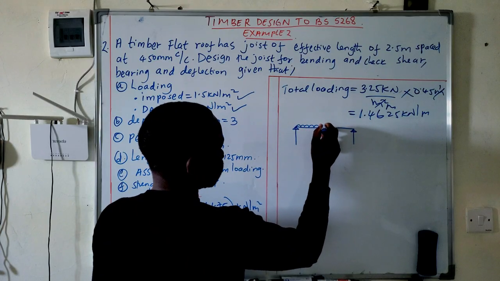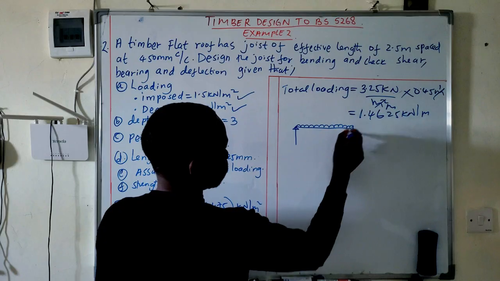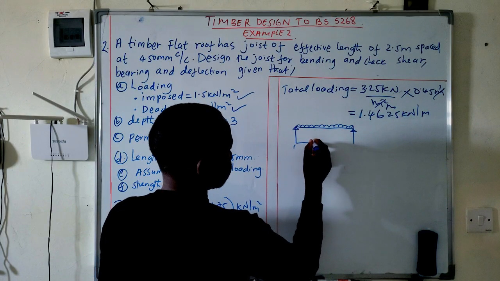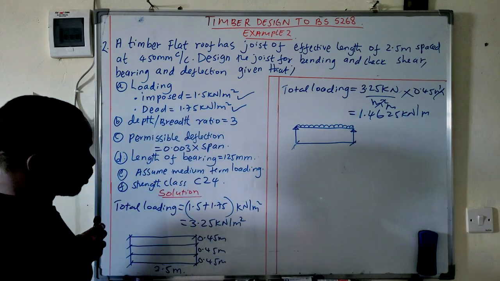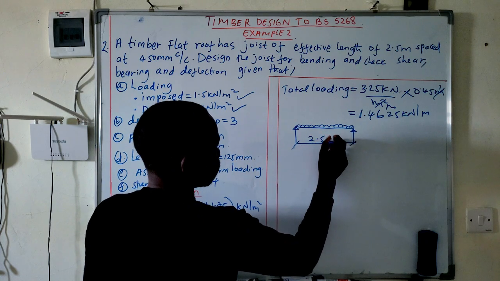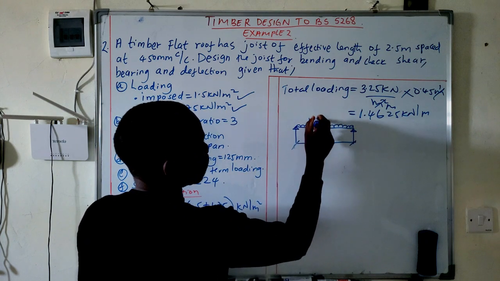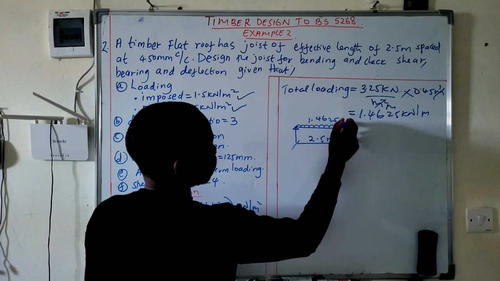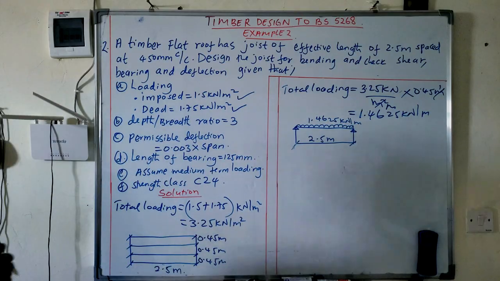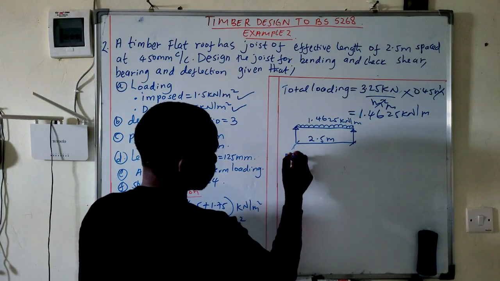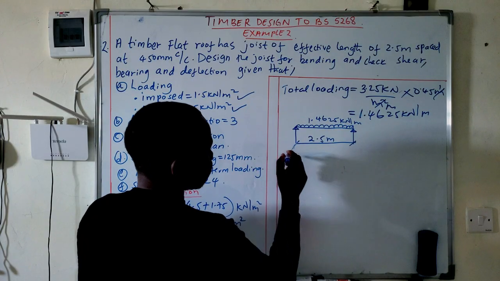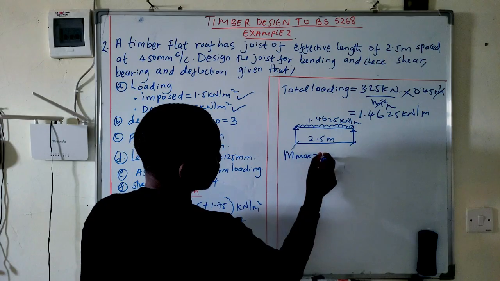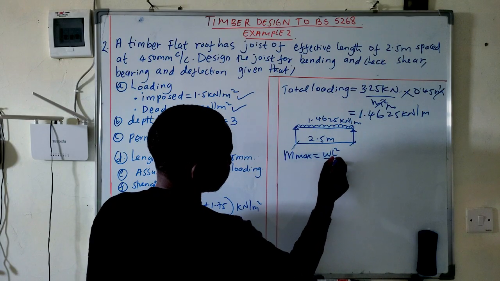So after doing so, now you can sketch again the timber joist and load it. The effective length is 2.5 and the loading here is 1.4625 kilonewton per meter. After doing so, we will calculate the maximum moment. So M max equals WL squared over 8.